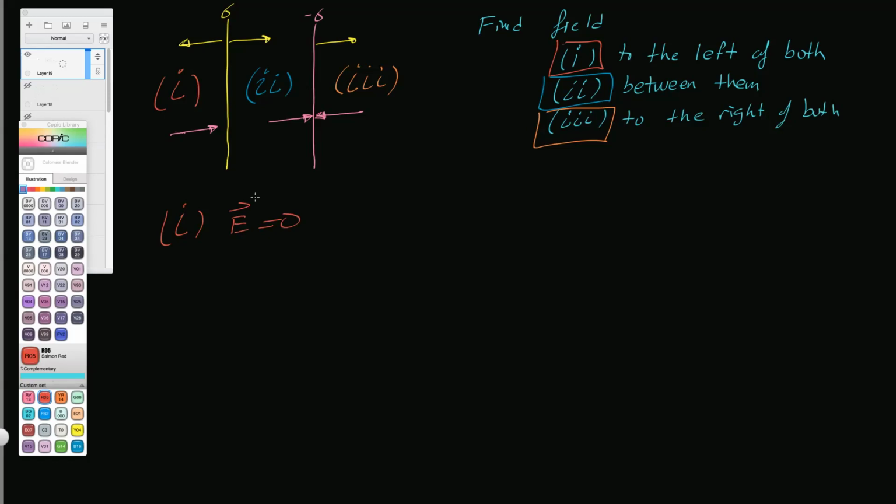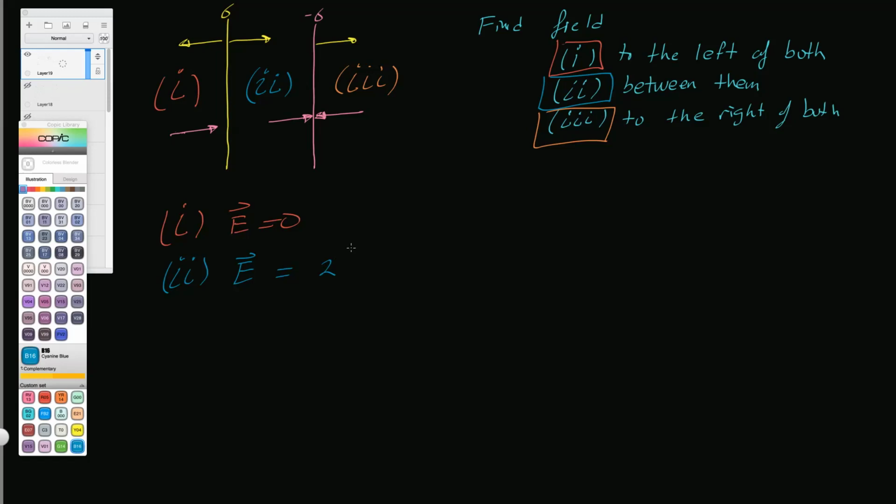Okay. For region 2, they look like they add. They're in the same direction, don't they? So for region 2, E is equal to, what was it again? Go back and look.